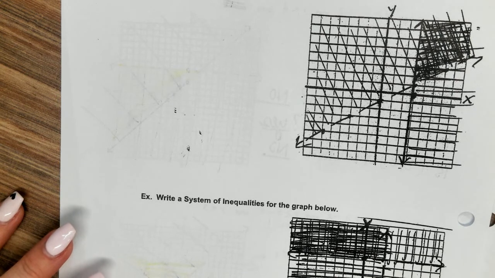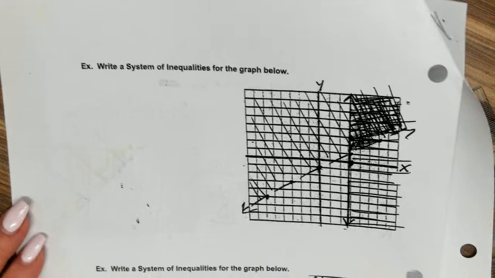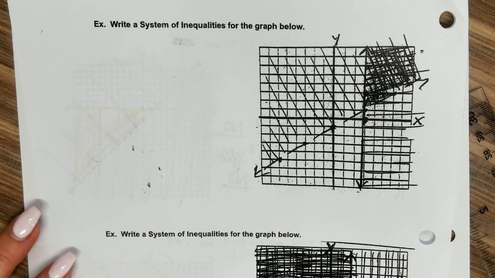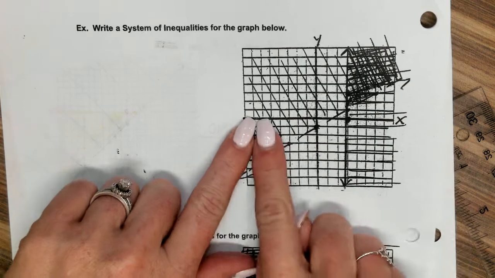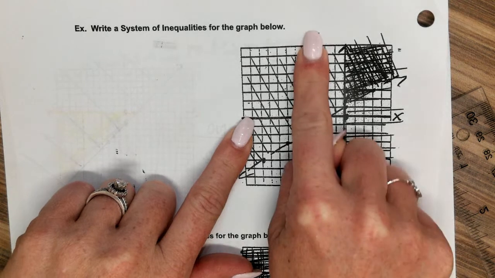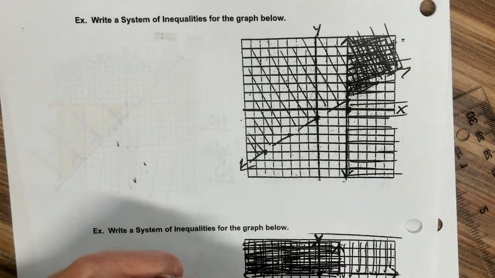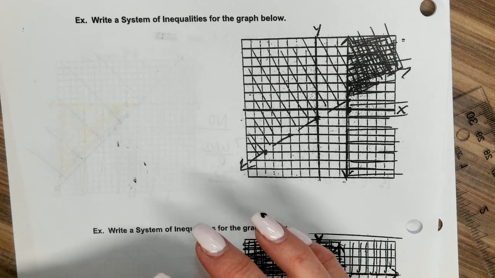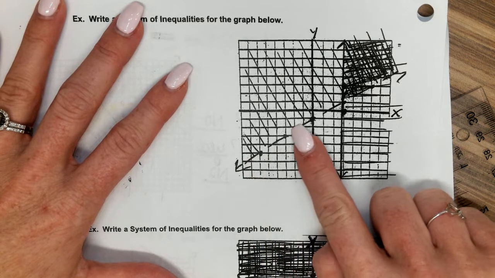These graphs are not the easiest to read, but it wants us to write a system of inequalities. Okay, this is the x-axis right here. This is the y-axis. How many lines do you see? 3. So I need 3 inequalities. Do y'all see this one right here?